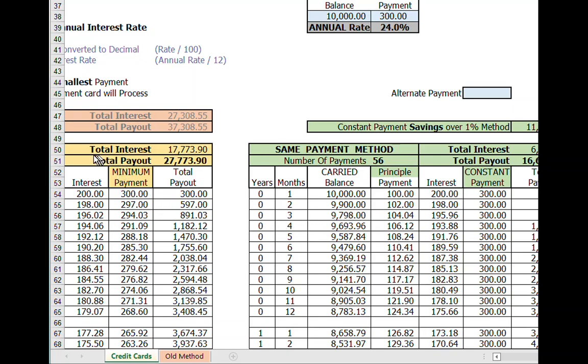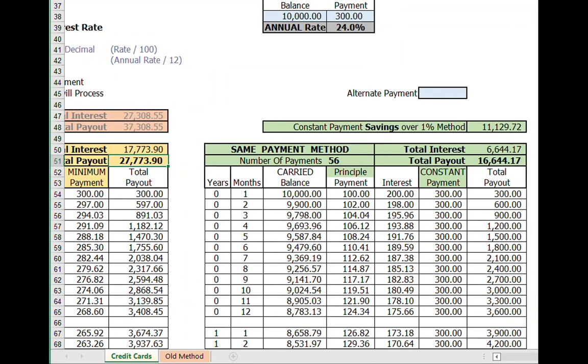First, the spreadsheet calculates your total payout. Total payout for the minimum payment method. And if we can get over here, total payout for the constant payment method.